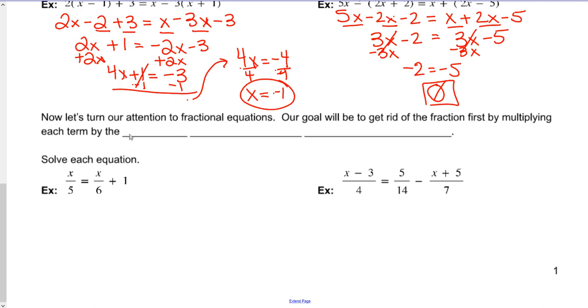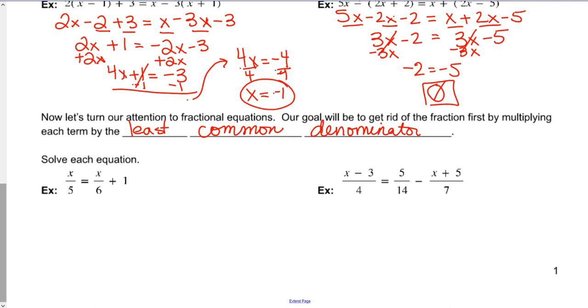And in order to do that, what I want to determine is the least common denominator. Okay, sorry, this pen's a little slow here. All right, the least common denominator is going to be the key to this in order for us to get rid of those fractions first.